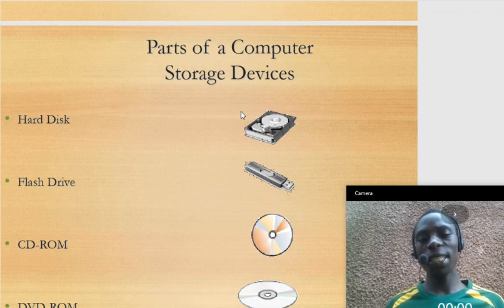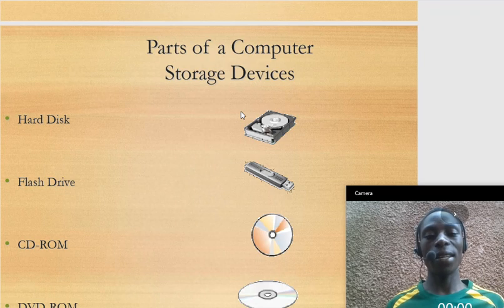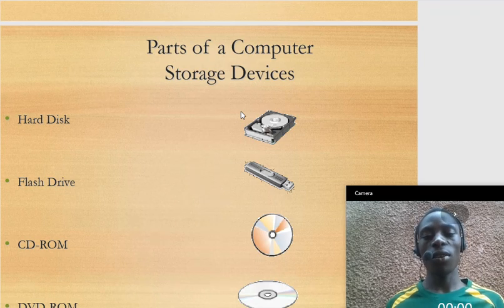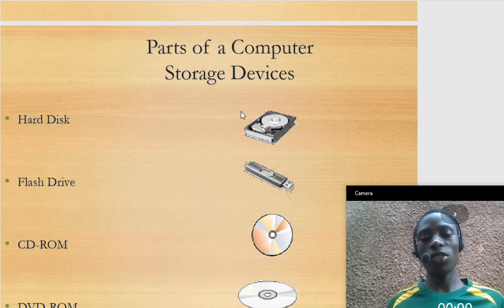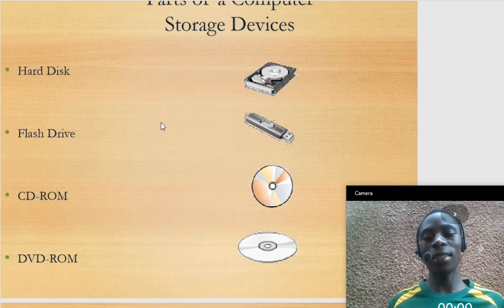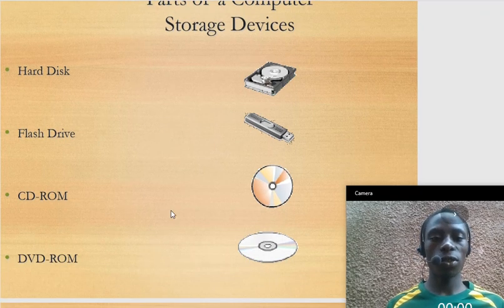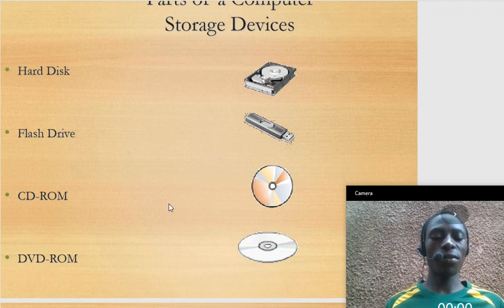So we use storage devices to store the information, whatever information we need to use at some point. Flash drives or flash disks are also storage devices. You have looked at CDs and DVDs; they're also storage devices. So we put information there.